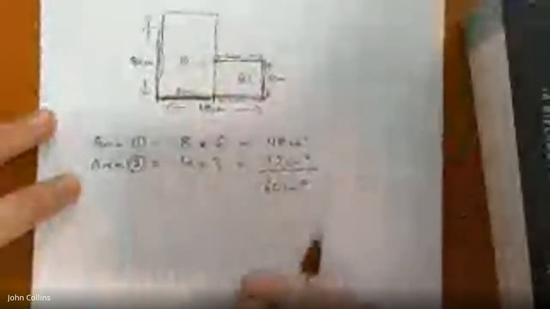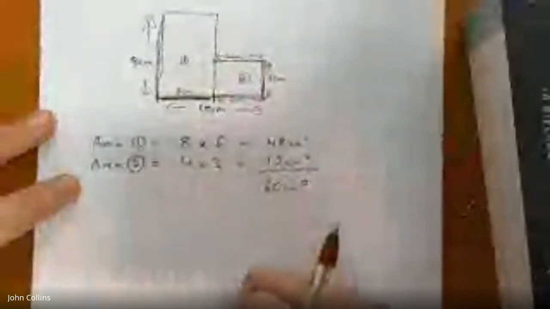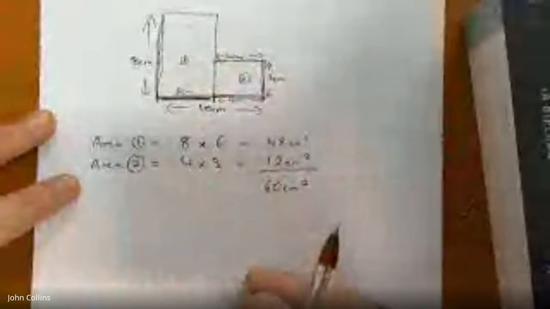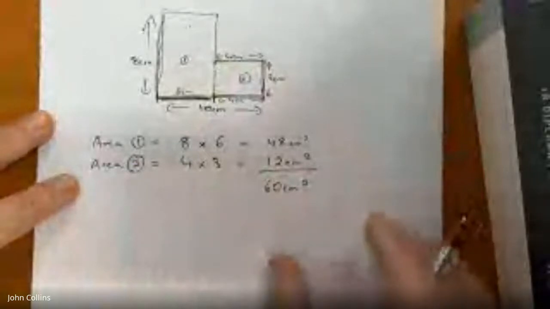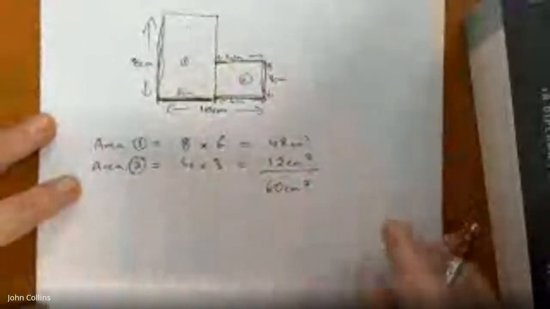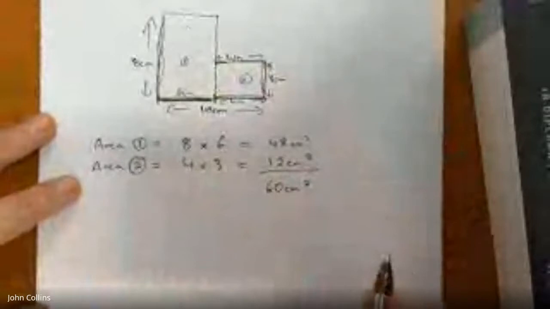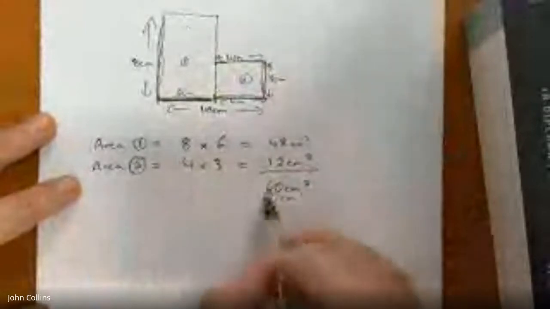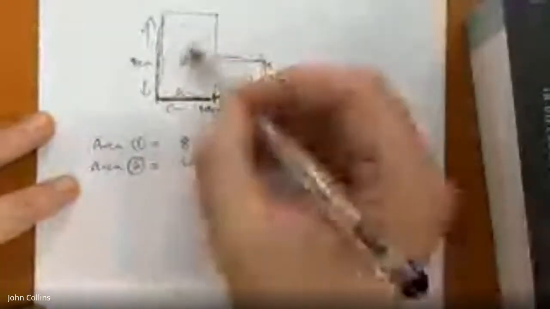Hopefully. So 60 centimeters squared. Okay. 60 centimeters squared is the area of the front here. So this whole front area is 60 centimeters squared.